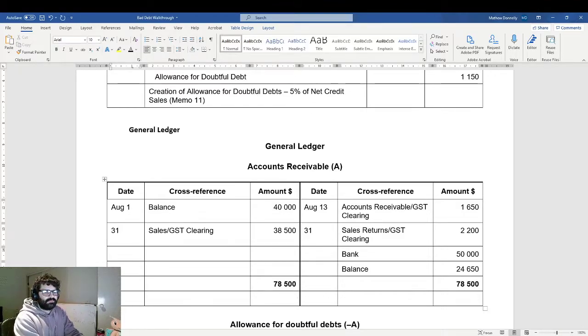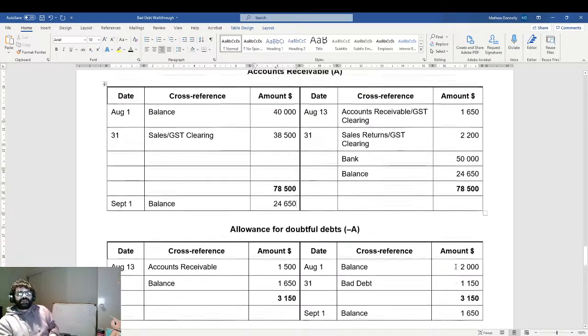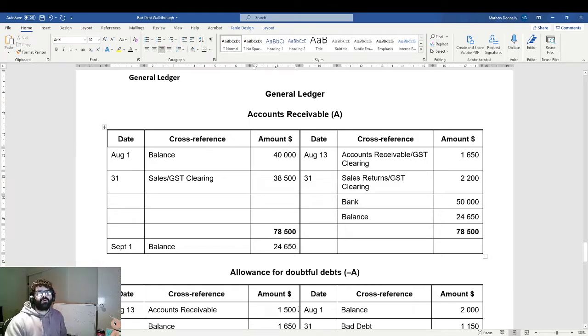And then September 1 balance 24,650. So that's where that fits in. That's how that whole month would look.